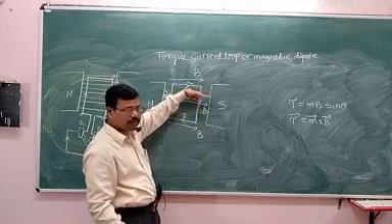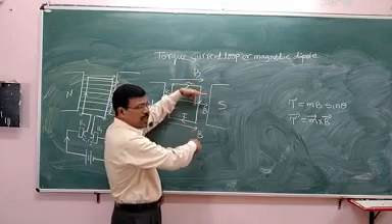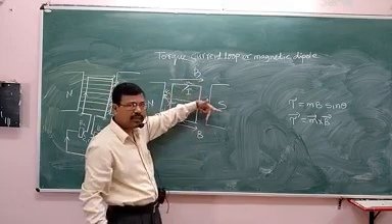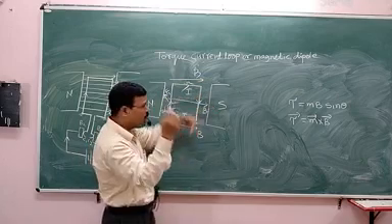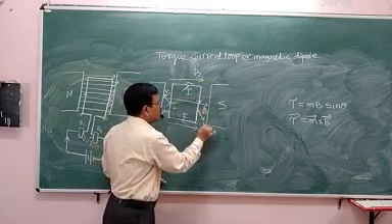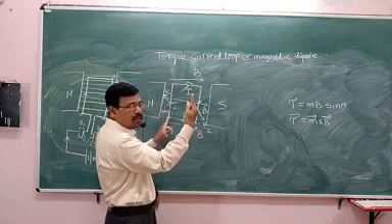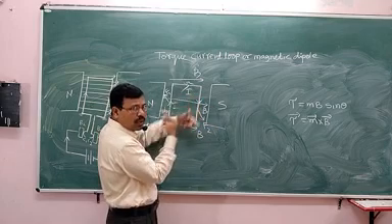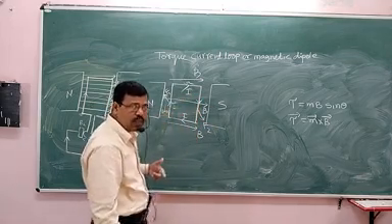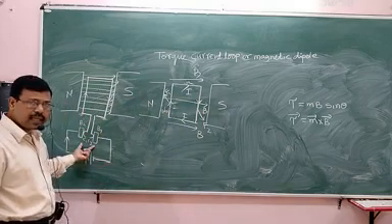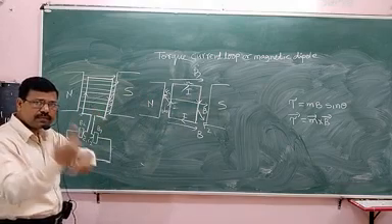And here, the direction of the current is vertically downward. The direction of the magnetic field remains the same. The direction of force experienced by this arm is upward. Like this, F2. So one arm is coming up, the other arm is going down. So like this, it rotates. Whenever electric current passes through the coil, it rotates.